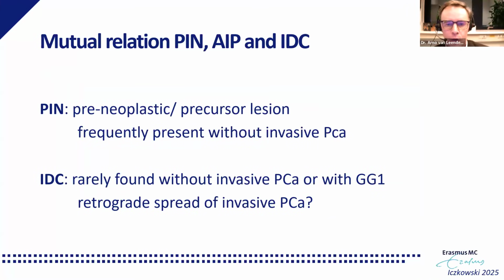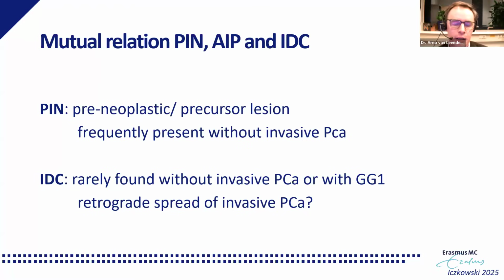So then a few slides on the relation of PIN, AIP, and IDC and pathogenesis. PIN, we all agree, is a precursor lesion. So it's the first morphological lesion that we can see occurring in the prostate before prostate cancer is starting.